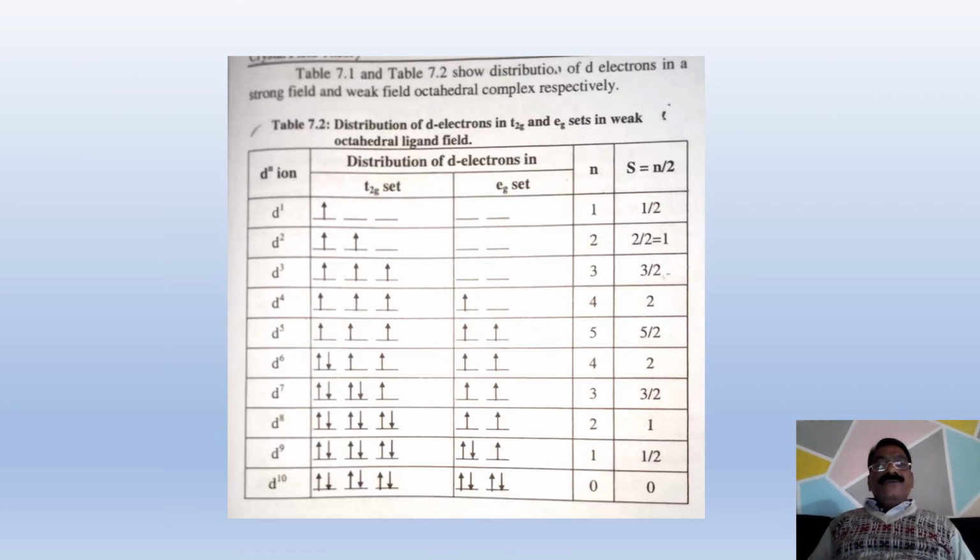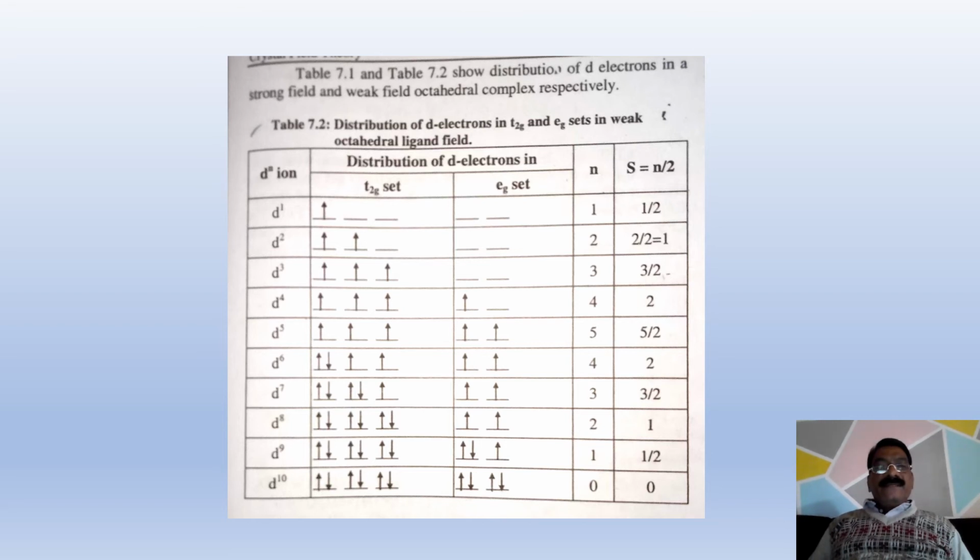Here we are going to see the distribution of d electrons in t2g and eg sets in a weak octahedral field. In the weak octahedral field, up to the d3 system, filling is as usual. For the d4 system, the electron will not get paired but enters the eg orbitals. For the d5 system also, the next electron enters the eg orbitals.